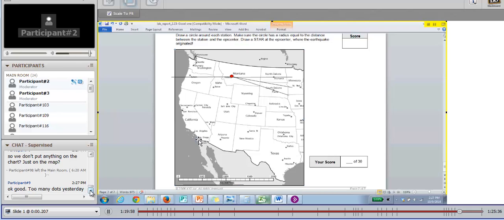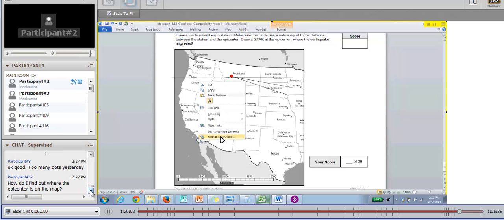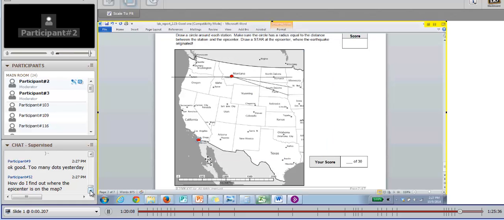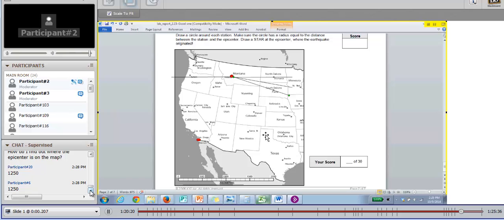And then you can make your circle. You can right-click, format shape, and you can make it any color that you would like. So that's where I start. Now, Montana, what was that distance again? It was 1250.